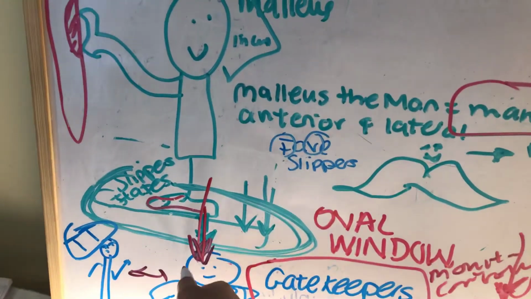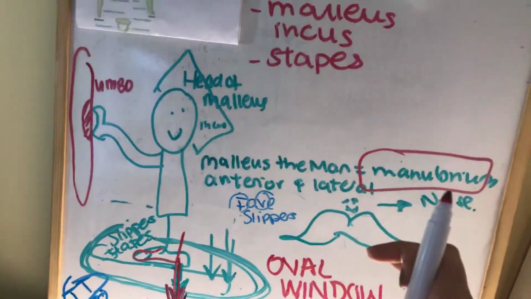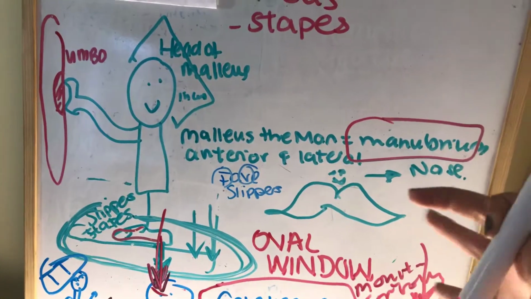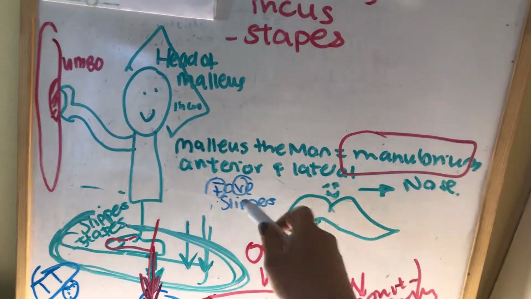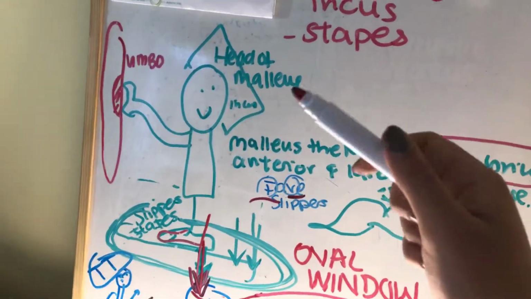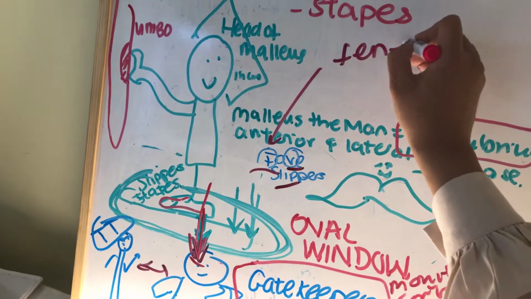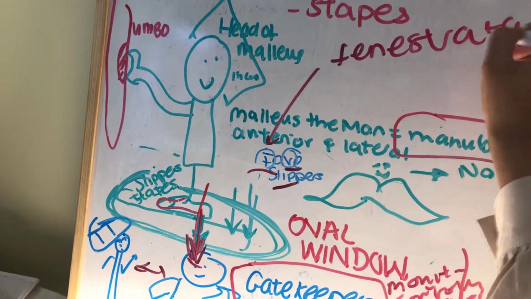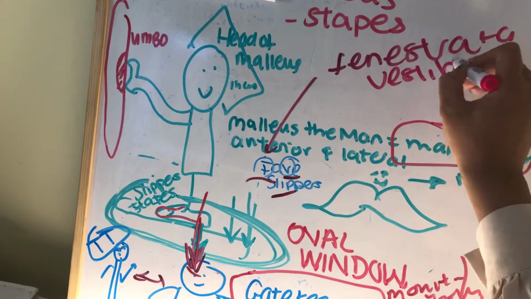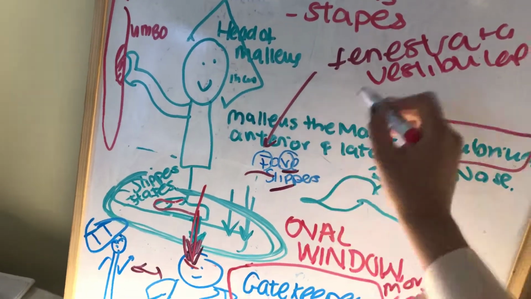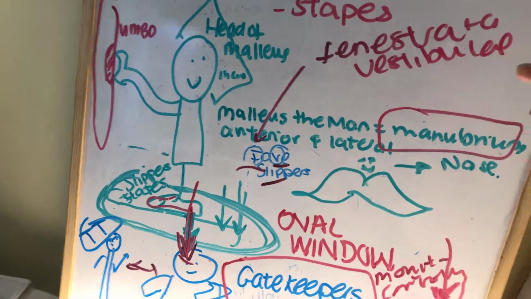So stapedius and stapes go together. Okay, that's the whole story. Fave slippers. Why is he wearing his fave slippers? Because the stapes is in contact with fenestra vestibuli. So F and V are supposed to remind you of fenestra vestibuli.